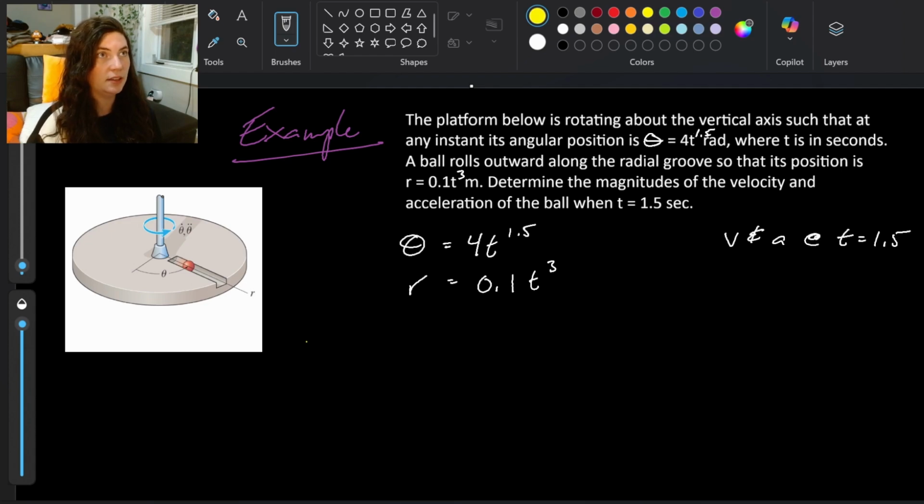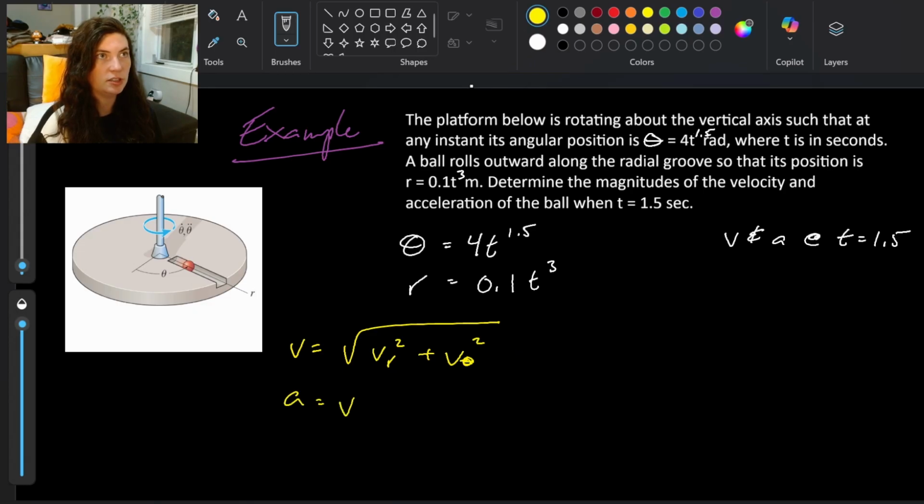So to do that, what are those equations? We just went through those equations for velocity and acceleration. We said the magnitude of velocity is the square root of the r component of velocity squared plus the theta component of velocity squared.